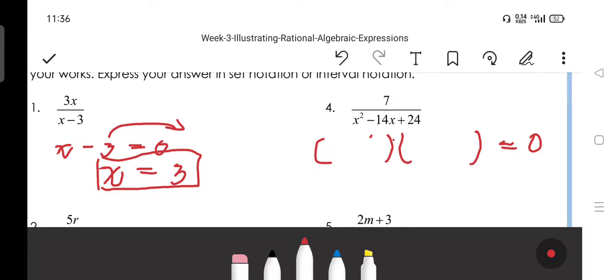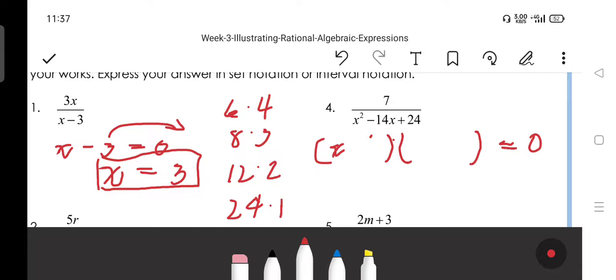So we look for factors of 24 that when added give negative 14. There are only a few factors of 24: 6 times 4, 8 times 3, 12 times 2, and 24 times 1. Take note that 24 is positive and the middle term is negative, so both factors are negative.